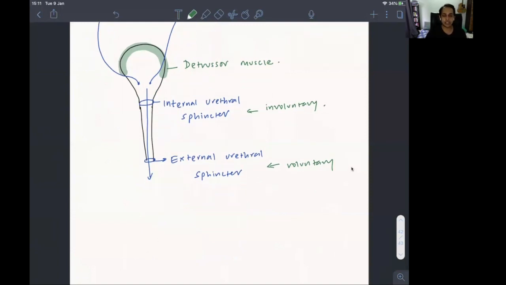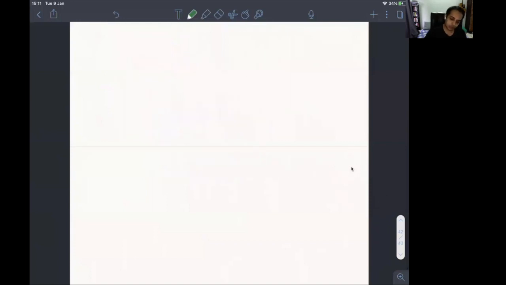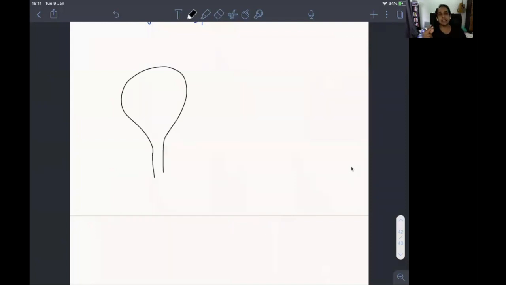Now, what do each of these parts do? So, there are two basic states in which the bladder could function. One is that the urine will have to exit, so that is known as voiding. And the other state is when the urine will not have to exit, so that is storage.